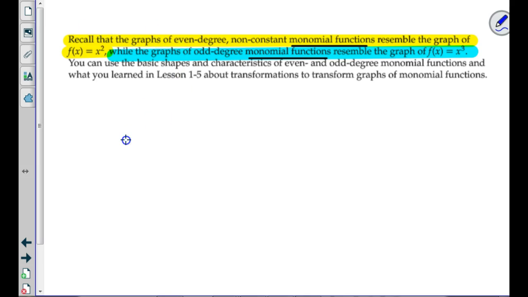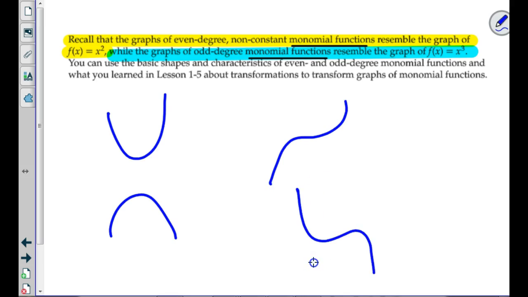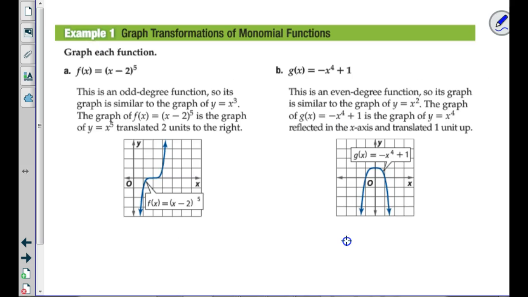So when we did these as monomials, if it had an even degree, it either looked like this or this. If it had an odd degree, it either looked like this or this, okay? So if we take our concept, this is an odd power, it would have this shape, and this one would be shifted where?